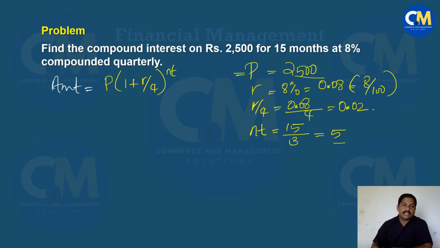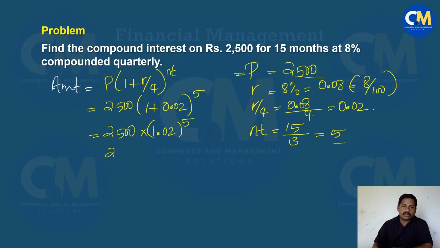Then we can apply directly into the formula. So here, 2,500 into 1 plus R by 4, which we have taken as 0.02, raised to NT, which is 5. Then you will get 2,500 into 1.02 raised to 5, that is equal to 2,500 into 1.104.